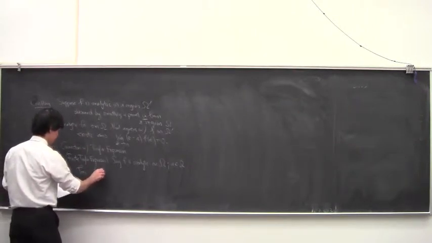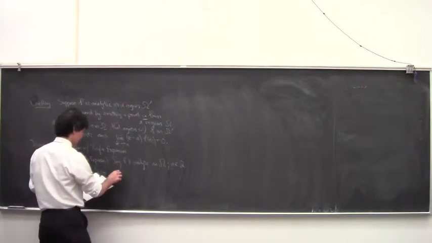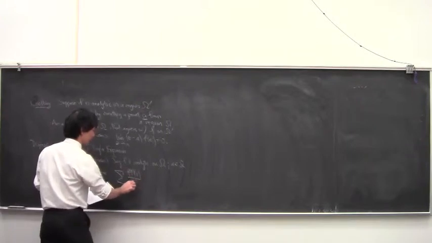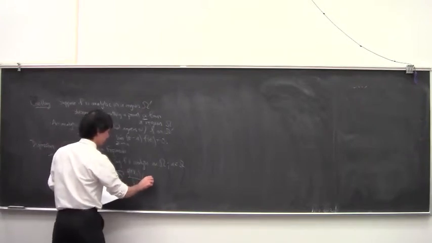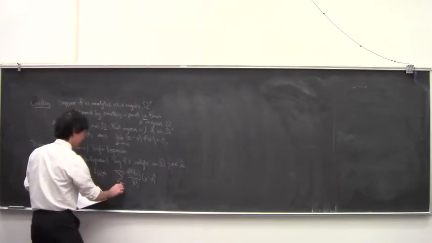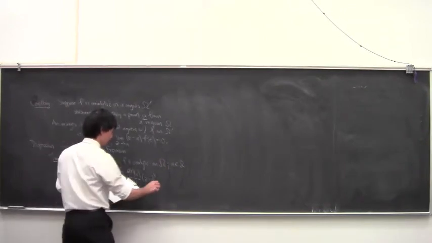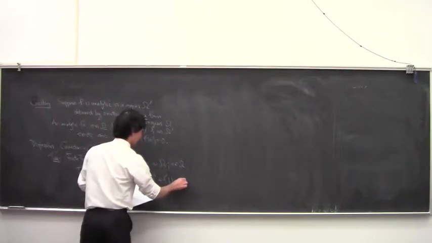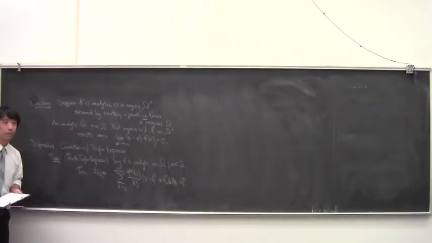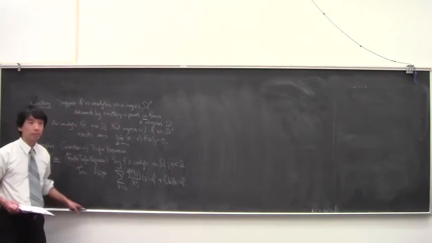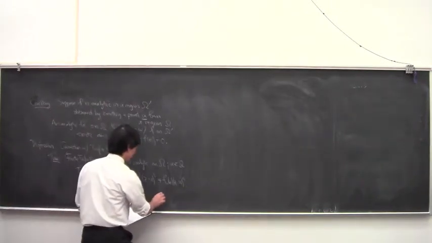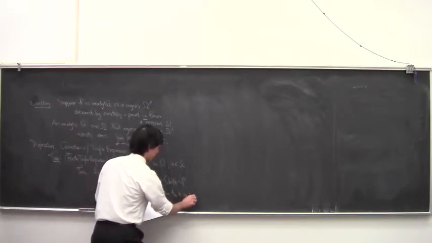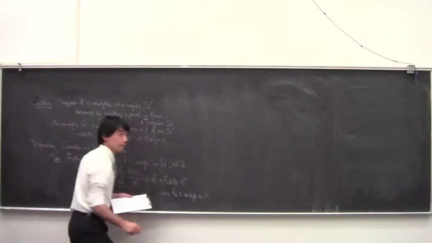Then f(z) can be expressed as the sum from k equals 0 to n minus 1 of f^(k)(a) over k factorial times (z minus a)^k, plus (z minus a)^n f_n(z), where f_n is analytic on omega.